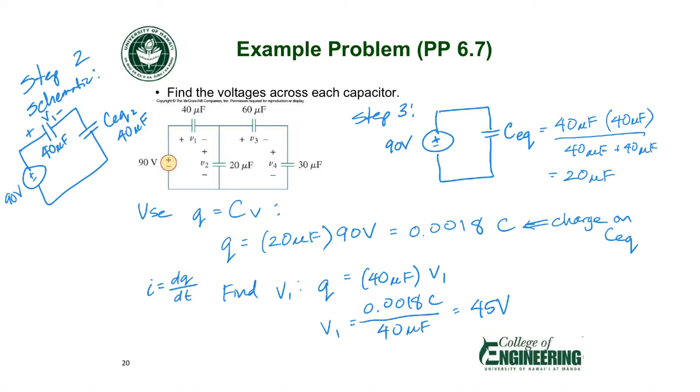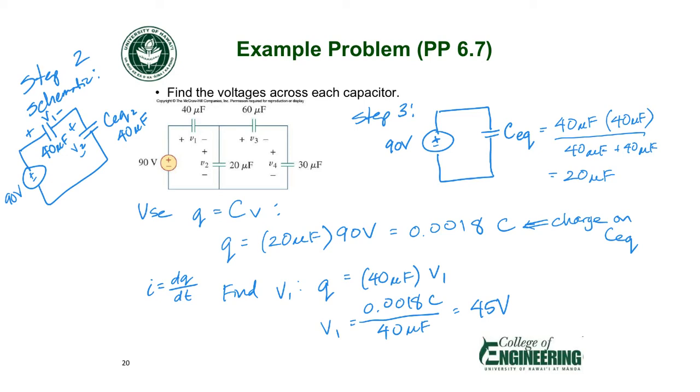In that same schematic, V2 is the voltage across that 20 microfarad capacitor, but CEQ2 is this 20 microfarad capacitor in parallel with the combination of the 60 and 30 microfarad capacitor. So the voltage across that combination, because they're in parallel, is still going to be V2.